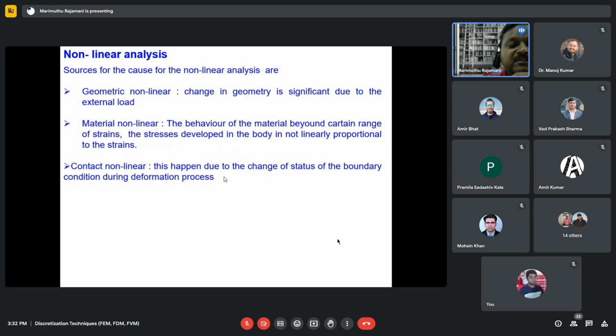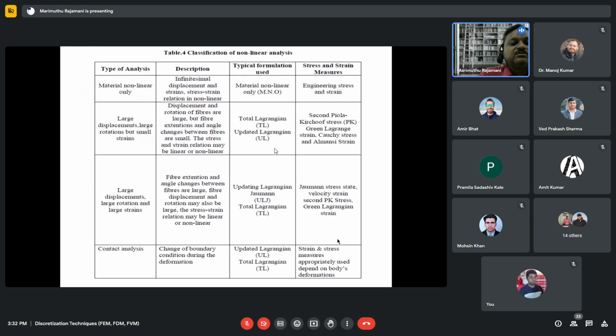The other nonlinearity is contact nonlinearity, where the boundary changes during the deformation. So these are all the major zones where nonlinearities are encountered. These are the different nonlinear analysis classifications.